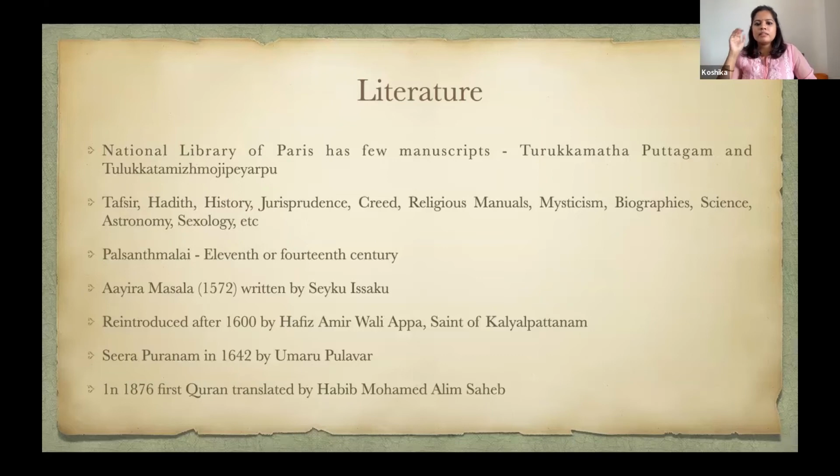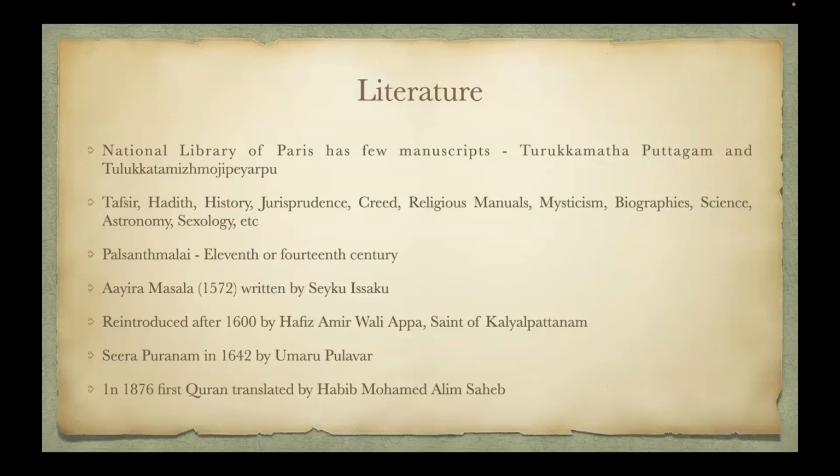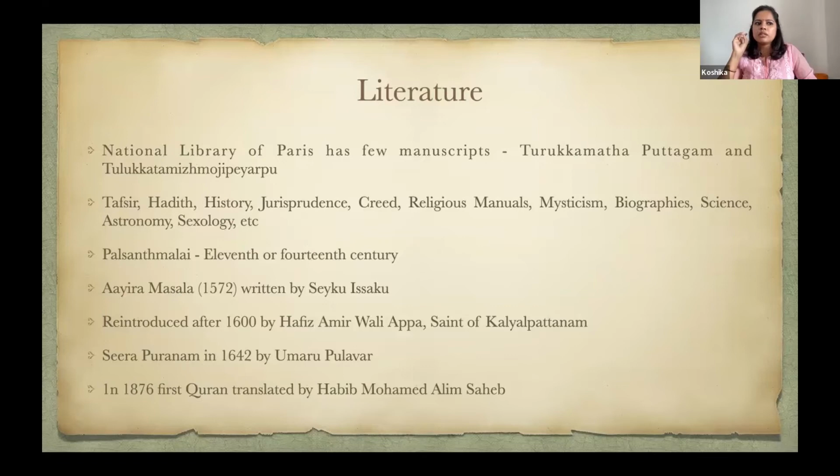So next, the literature works of Arabic Tamil. The Arabic Tamil script was not only used to write or learn the Quran. It was not only taught in madrasas. They had a lot of other secular subjects as well.